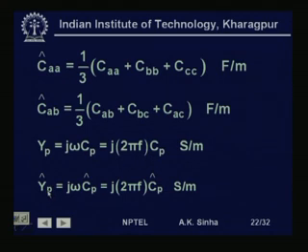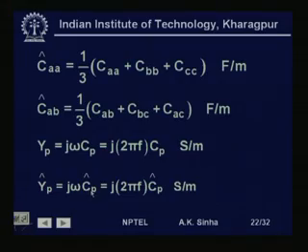Same thing will happen for the transposed line, that is Y_p hat is equal to j omega C_p hat, which is j into twice pi f C_p hat Siemens per meter. So, in this way we have seen that we can calculate the capacitance for any general system of 3-phase conductors, that is 3-phase conductors with any number of neutral wires or the ground wires on top of them.